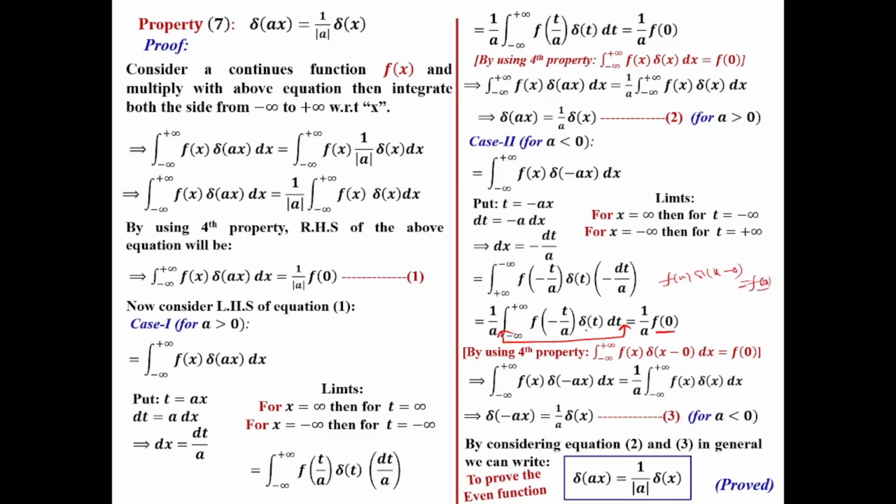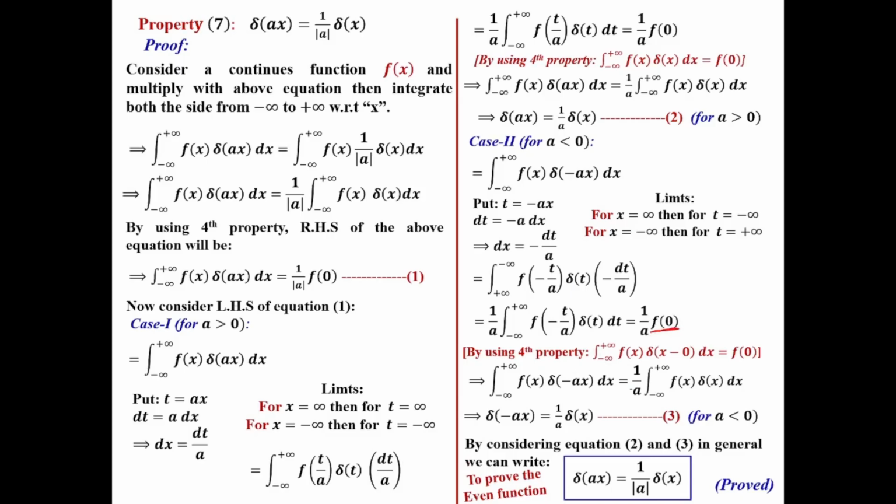Here delta(t) with minus a: the value will be f of minus 0 by a, which is nothing but f of 0 itself. So this value will be f of 0, with 1 by a. Now again I am going to apply the fourth property for f of 0.